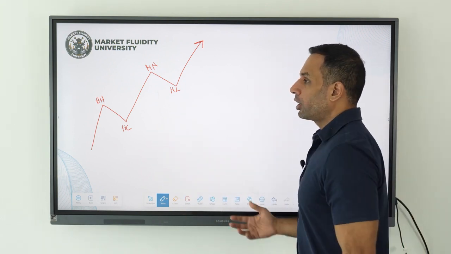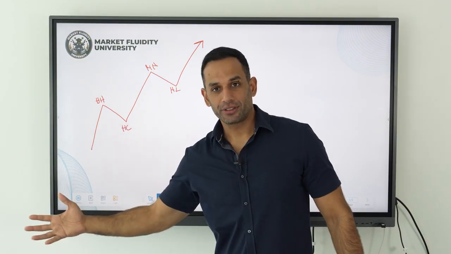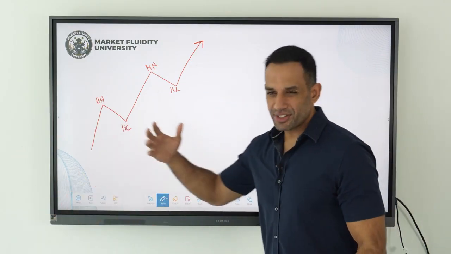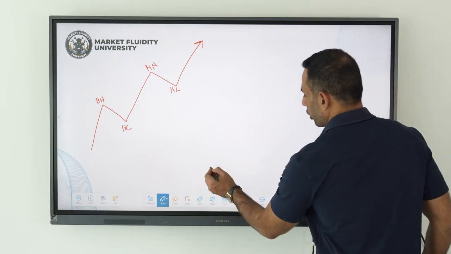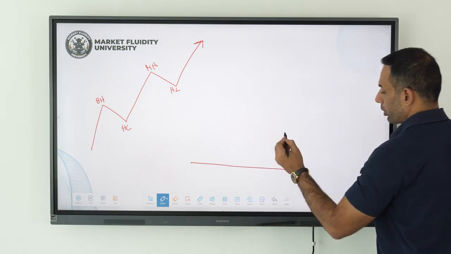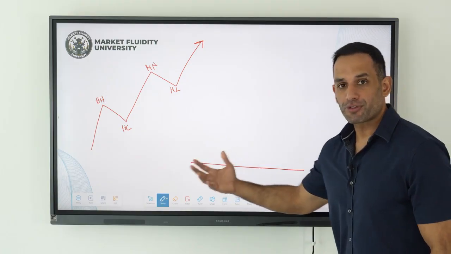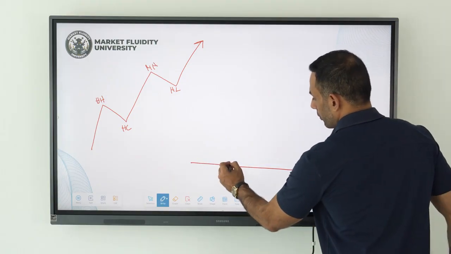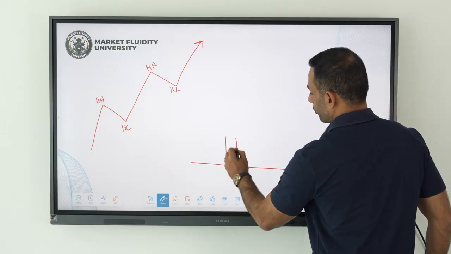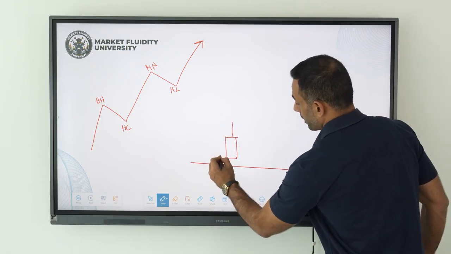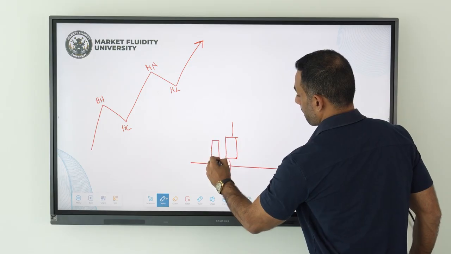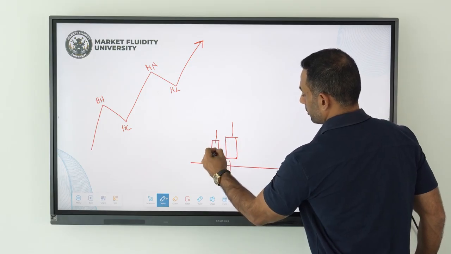Now, when you're talking about candles, you need to understand what it means when we're looking at candles in the same way. So let's say, for example, hypothetically, we have a support, and on the support, we have a candle that's closing bullish, and the reason why we know this is a support is because the previous candle was bearish.